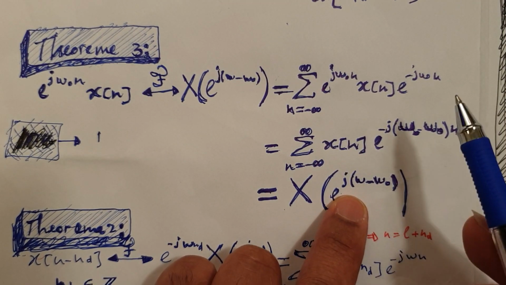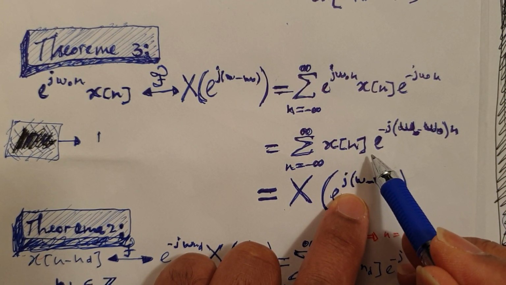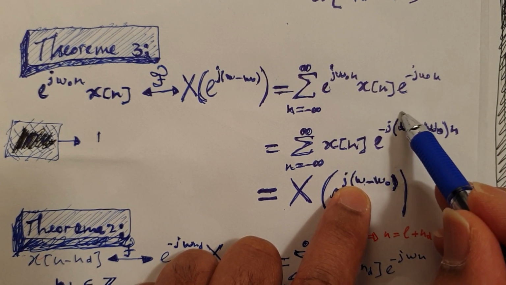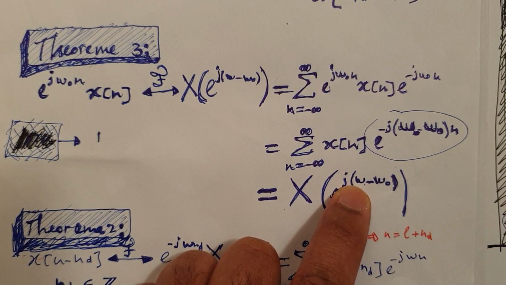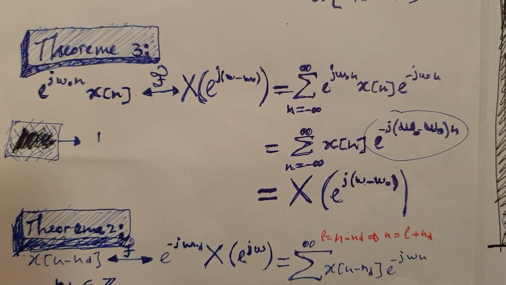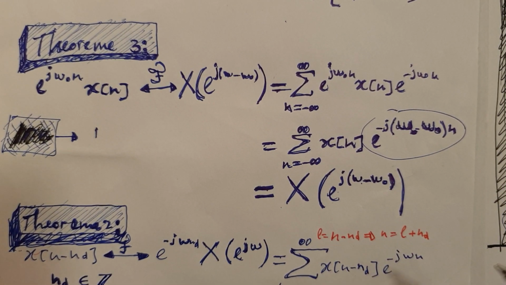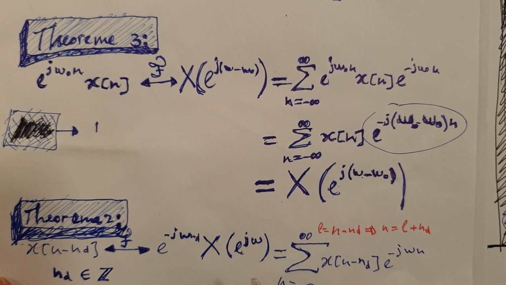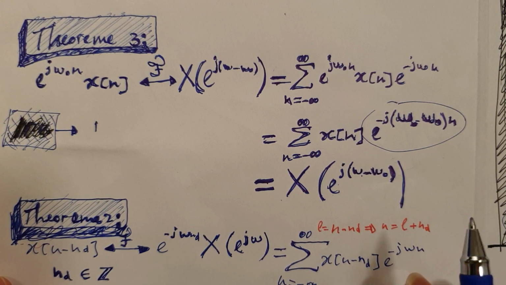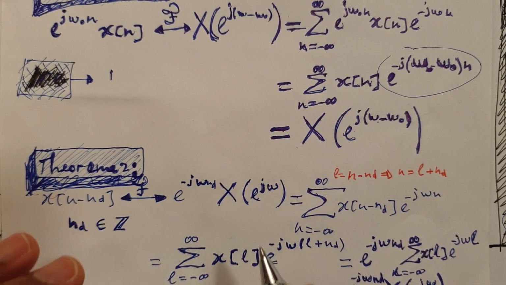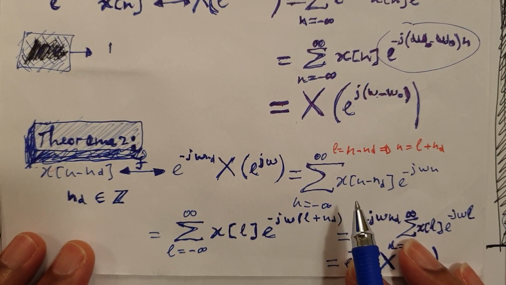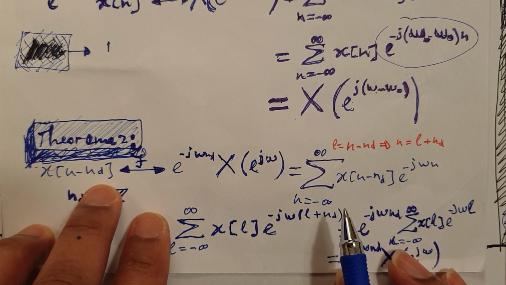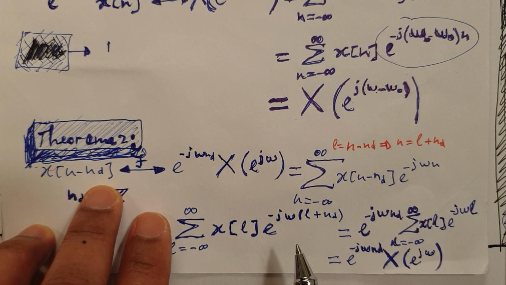You see that now what you have, instead of a function of e to the j omega, we have now a function of the whole thing here, see? So it's pretty straightforward. It can give you some not hard time, but some time to go through this. But if you have some spare time, I really encourage you, because it will help you be more comfortable with calculating the Fourier transform.